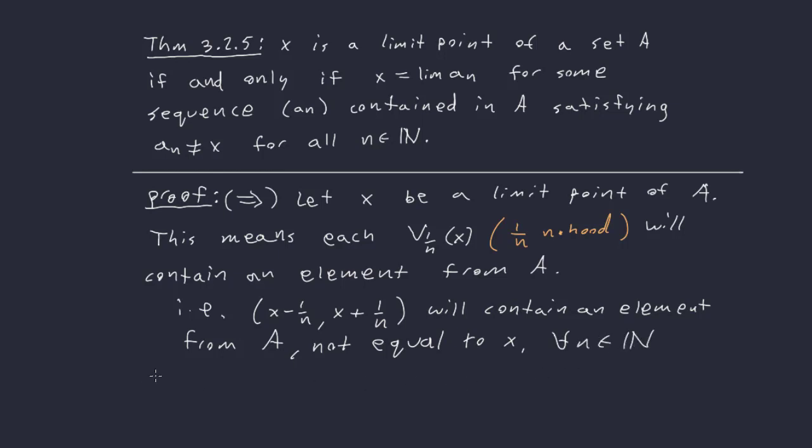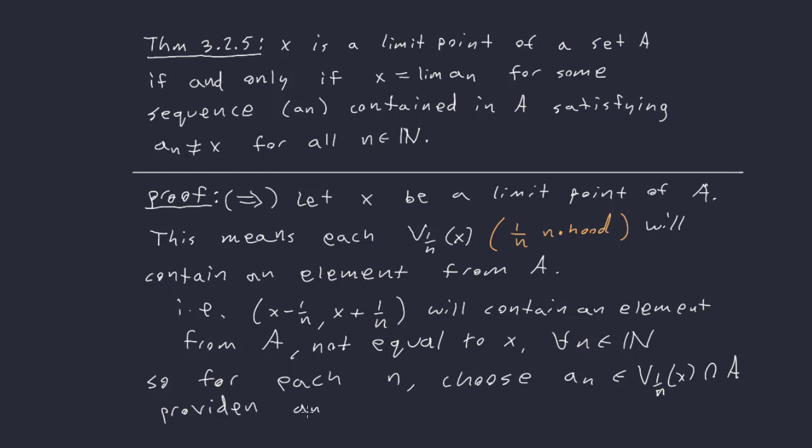So for each n, choose a_n that's in this neighborhood, the 1 over n neighborhood around x intersected with A, provided a_n does not equal x.